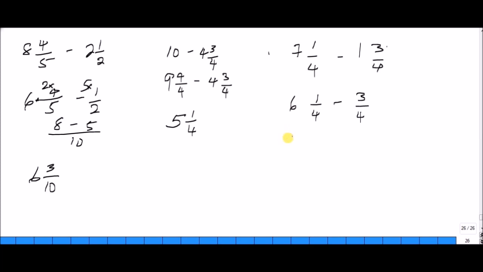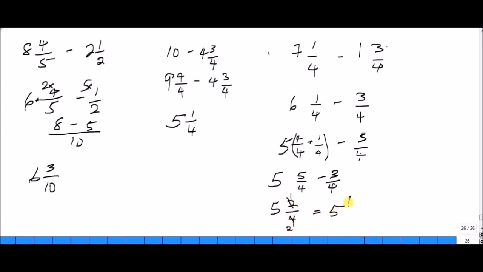We need to take 1 from the 6, leaving 5, and that one we change it to 4 over 4, and we add it to the quarter we have here, minus the 3/4. Okay, so this now becomes 5, and 4 and 1, this will be 5 over 5 minus 3/4, which is 5 2/4, which is the same as 5 1/2. Okay.